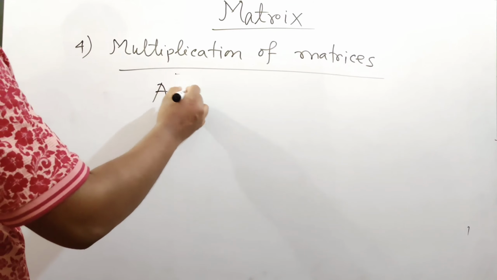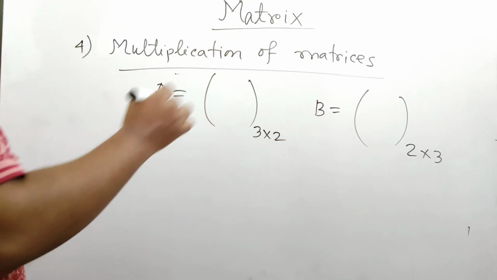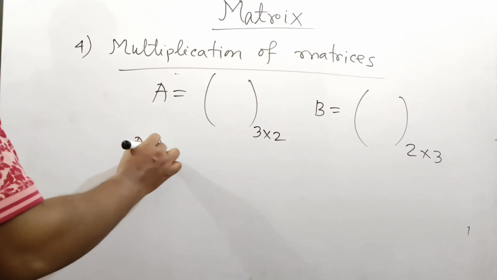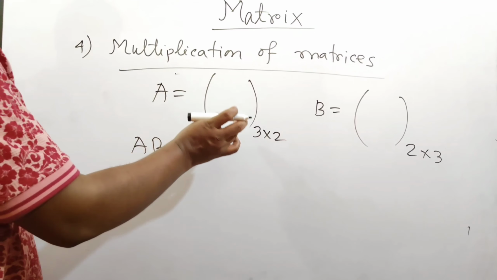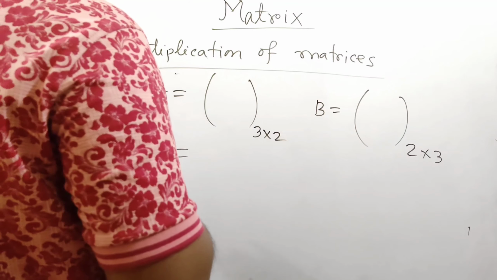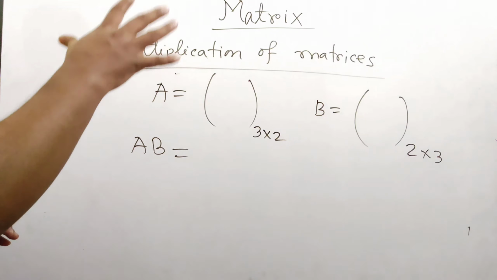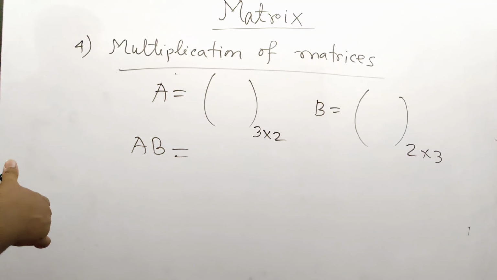Suppose a 3 by 2 matrix is given, and another matrix is given like that, a 2 by 3 matrix. If the question asks you to find AB, you multiply matrix A and matrix B. Sometimes the multiplication cannot be possible, but how do you make sure whether it is possible or not? That's why you check the inner product.